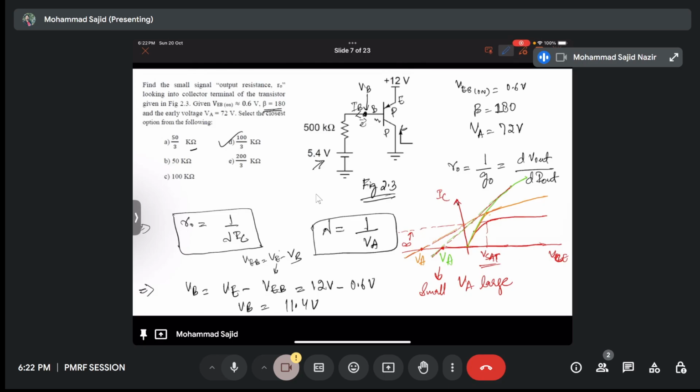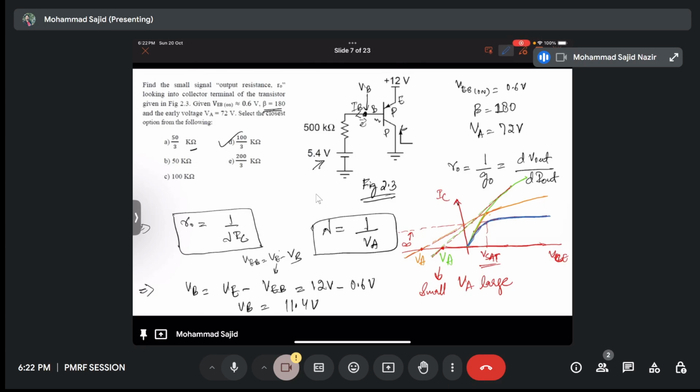So this is the characteristics of an ideal BJT, and there is no base width modulation. So your VA, that's the early effect voltage, is very large. Here I have written it's infinite. But what if there is a large base width modulation, then you can get a very low value of VA.